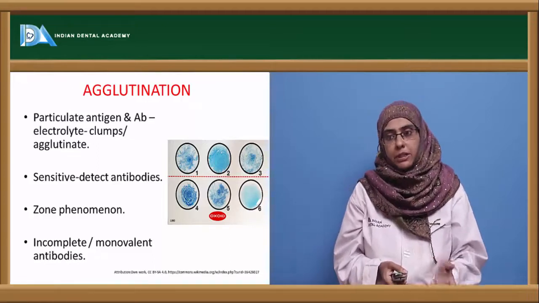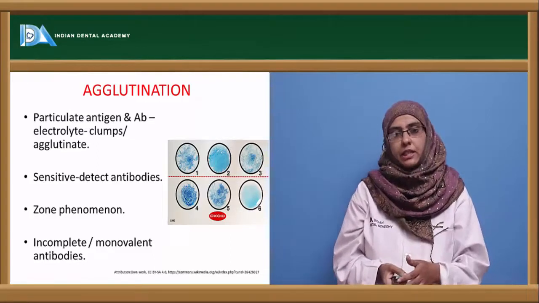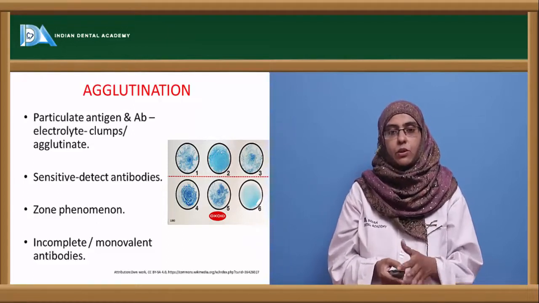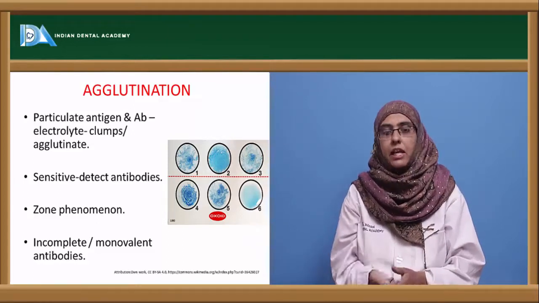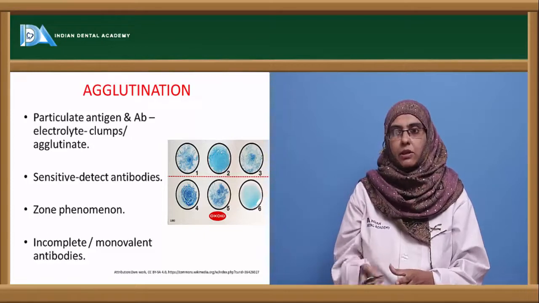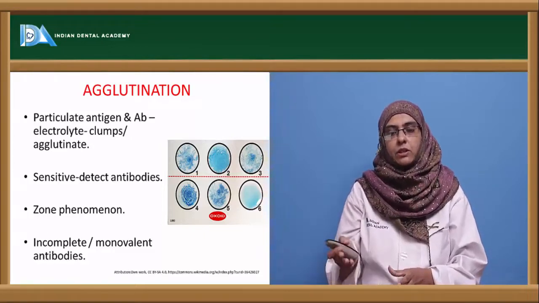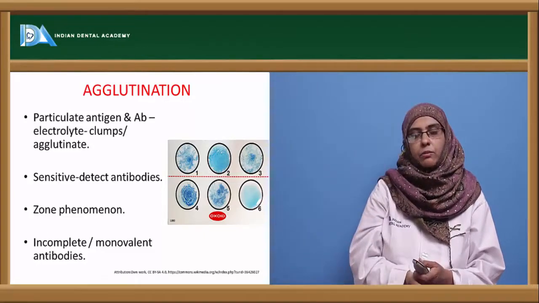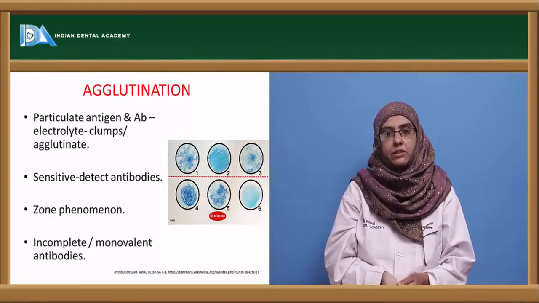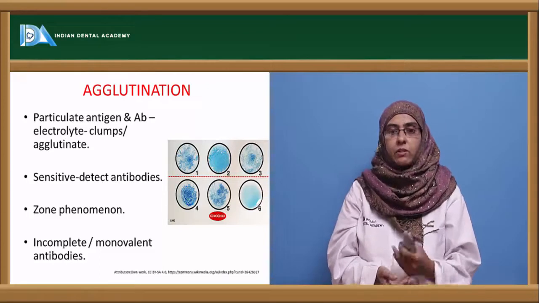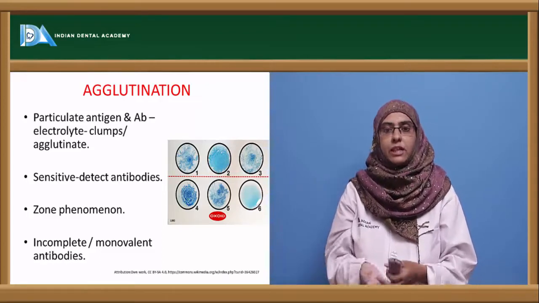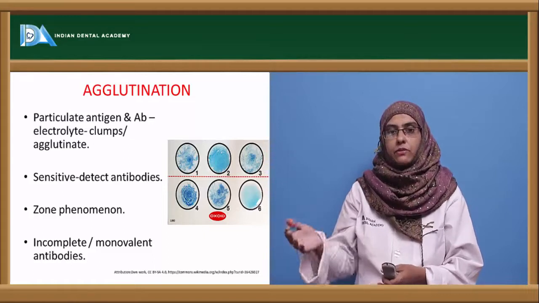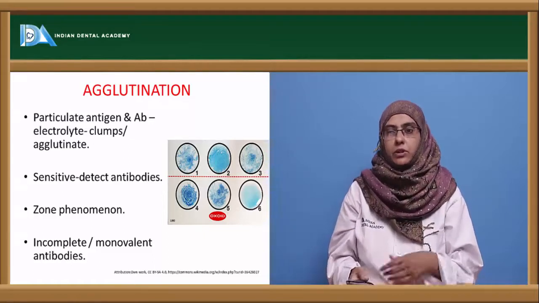and this agglutination reaction is more sensitive when compared to the precipitation reaction. Precipitation helps us know about the antigens that are present, but because particulate antigens are mostly used in agglutination, it also helps us detect the antibody. The same zone phenomenon holds good for the agglutination reaction, which states that equivalent proportions of antigen and antibody react to give rise to a visible clump or agglutinate, an observable positive result.